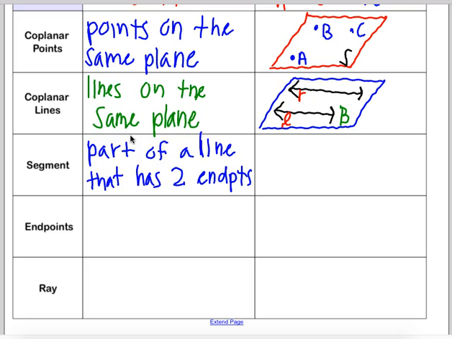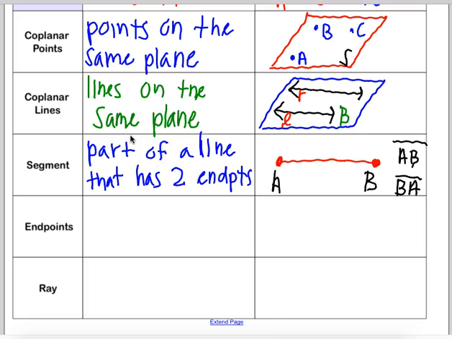So a segment has a starting point and an ending point. So it starts and stops. A, B, you have to label those points. So you could call this segment A, B, and you have to put that little segment bar on top, or B, A. That's a segment.